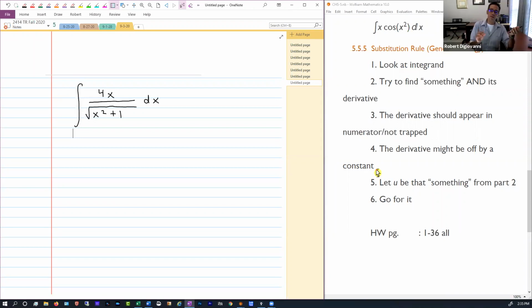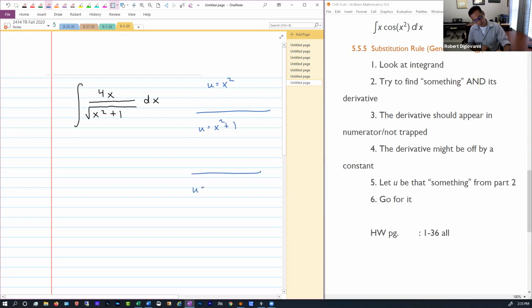So the trick here is that your something should be as much as you can possibly get without going too far. Let me just write this down. We could have said u is x squared. That would have been fine. We could have said u was x squared plus 1. That would have been fine. But could we have set u to be the square root of x squared plus 1?